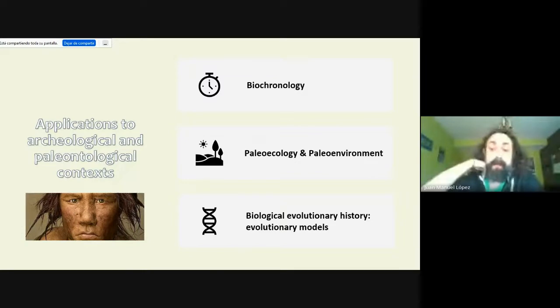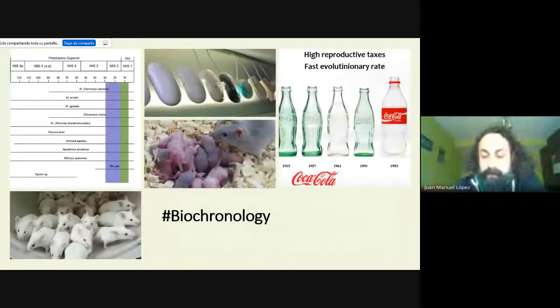Also, biological evolutionary history and evolutionary models are now at the top for ancient DNA studies in rodents, which were published in recent years. But I focus on biochronology and paleoecology.